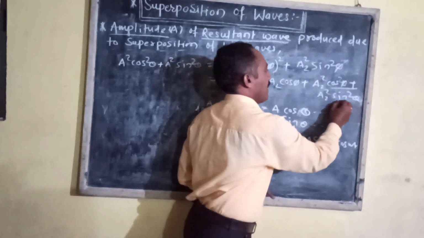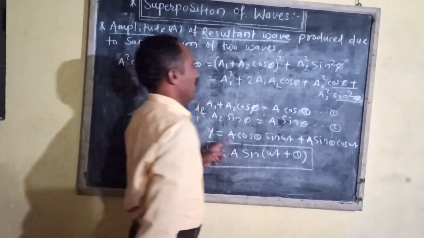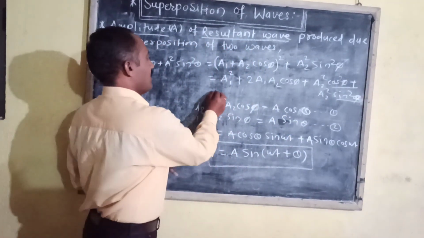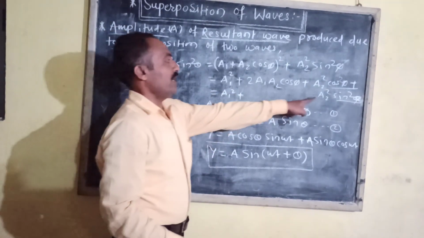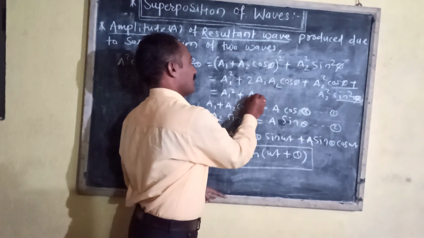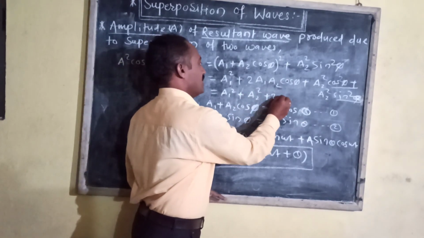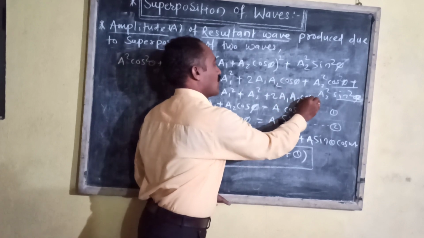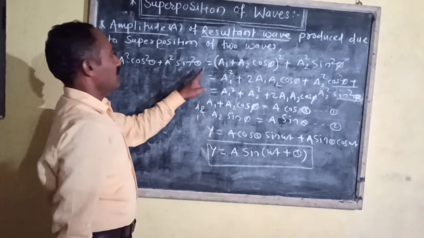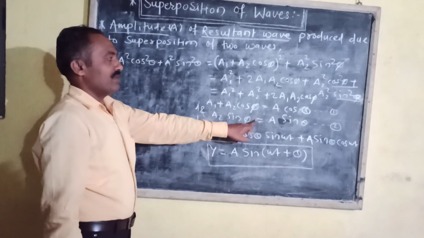Here cos square phi plus sin square phi is equal to 1. Therefore we get it is equal to a1 square plus a2 square plus twice a1 a2 cos phi, when we square and add equations 1 and 2.